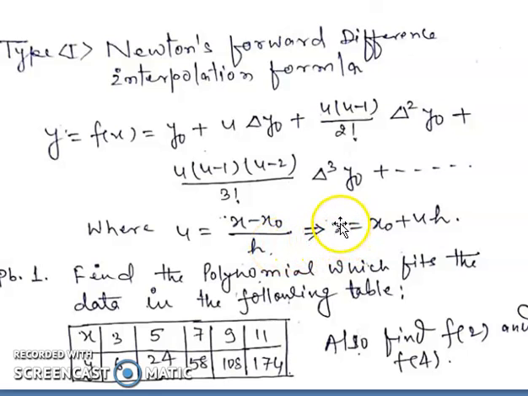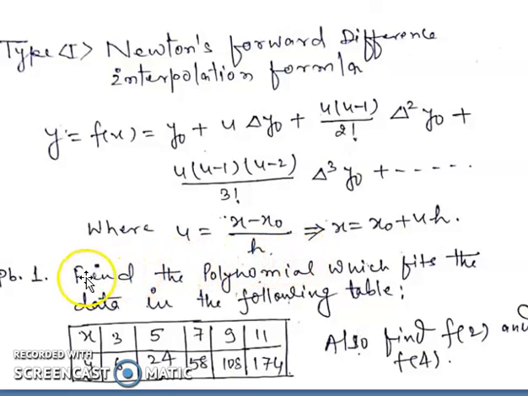So the Newton forward difference formula is y equal to f(x) equal to y0 plus u del y0 plus u(u minus 1) divided by factorial 2 del squared y0 plus u(u minus 1)(u minus 2) divided by factorial 3 del cubed y0. This del is known as the forward notation.